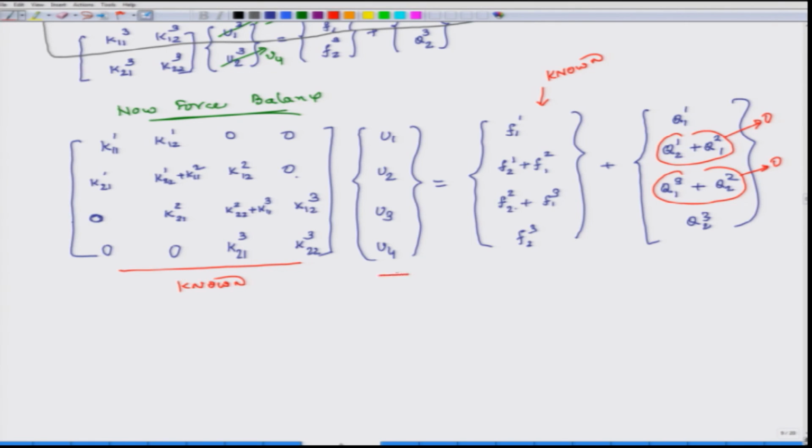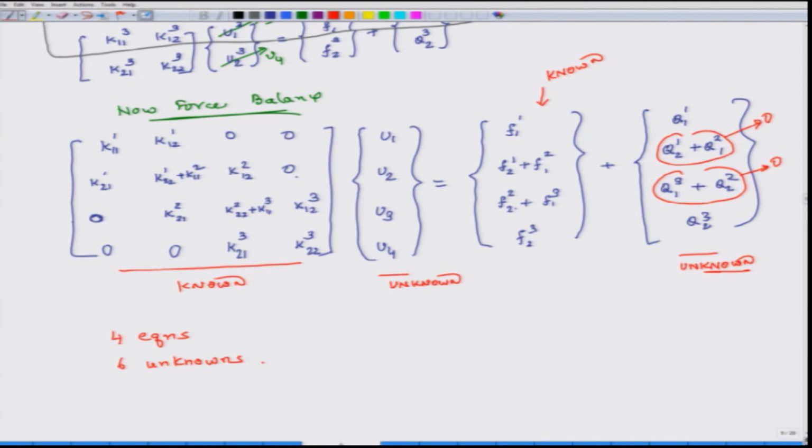This is not known, so this is unknown, and this is also unknown at this stage, right. So, U1, U2, U3, U4 are unknown, and also Q11 and Q23 are unknown. Everything else is known, but we have 4 equations and 6 unknowns.